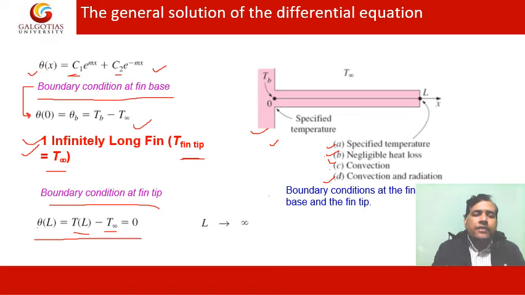Since at the tip in this case TL will be equal to T infinity, as L tends to infinity, the temperature difference between the tip and the ambient temperature is 0, or negligible. This is the one condition that will remain the same in all types of fin, and this is the one condition that we obtained for the infinitely long fin.